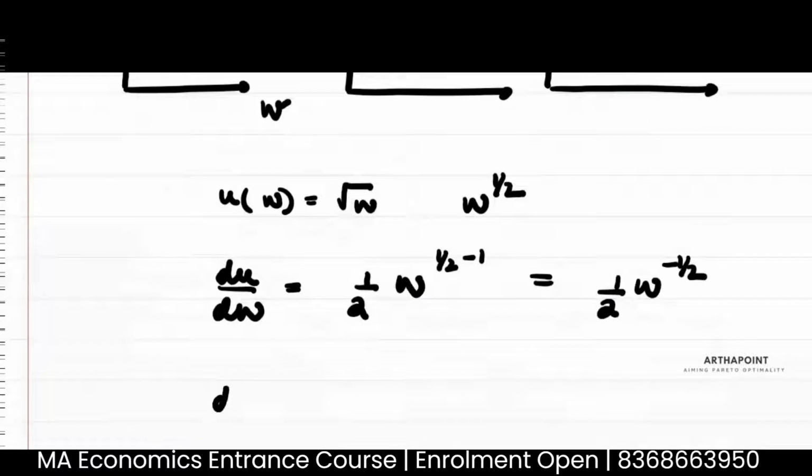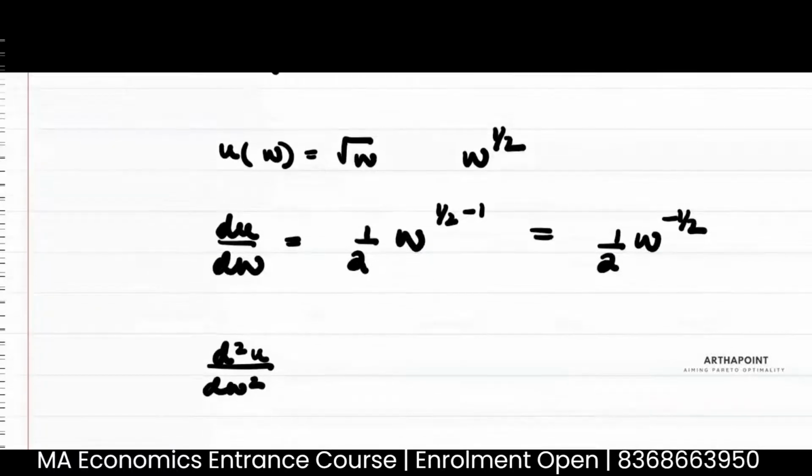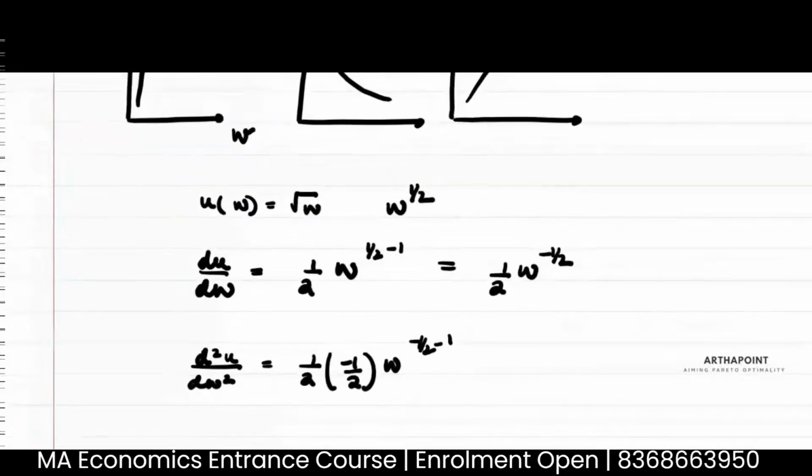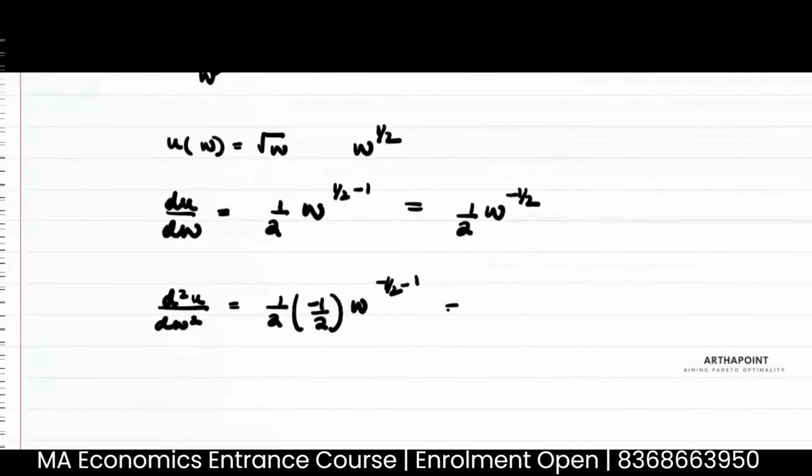When I double differentiate this with respect to W, I get minus 1 by 4 W to the power minus 3 by 2.